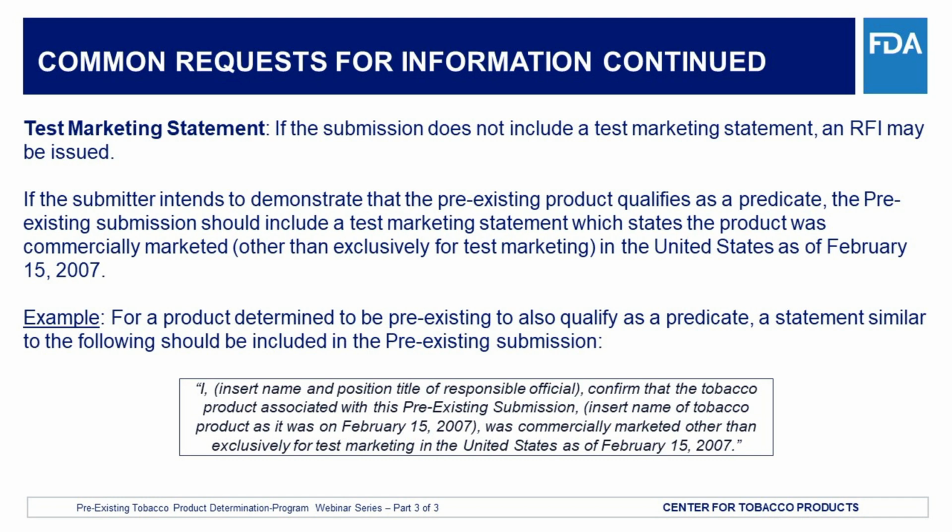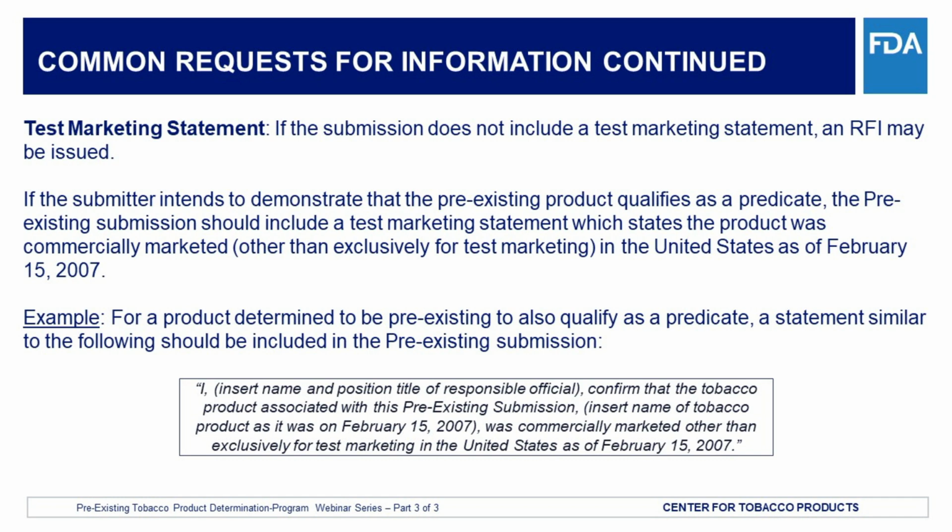If the submission does not include an adequate test marketing statement that the tobacco product was commercially marketed in the United States on February 15, 2007, an RFI may be sent notifying you that no test marketing statement was submitted.